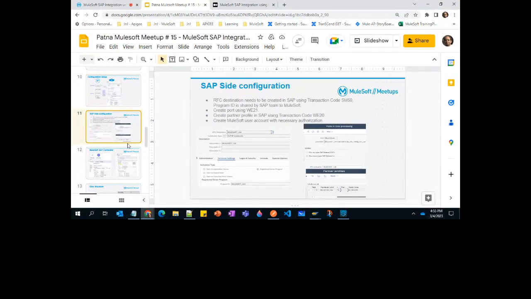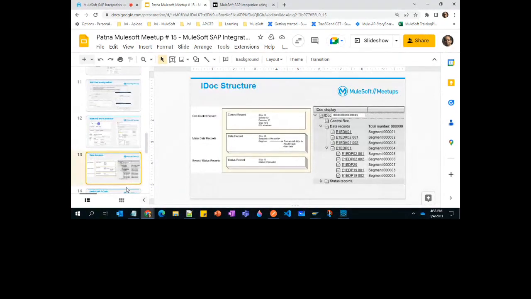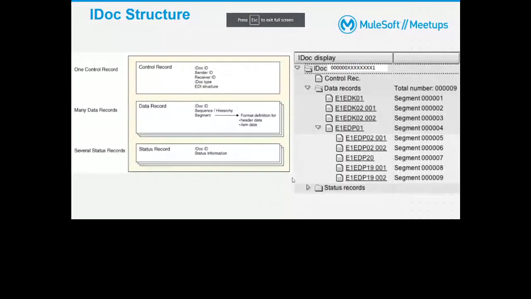This one configuration we have seen in the demo. This is also the same. The IDOC structure we have already discussed. So I'll just quickly go through it and then take questions. IDOC is like an EDI standard. It has a control segment with the IDOC number, sender ID, receiver ID, etc. Then it has data records, data segments, where the entire business data will be present.